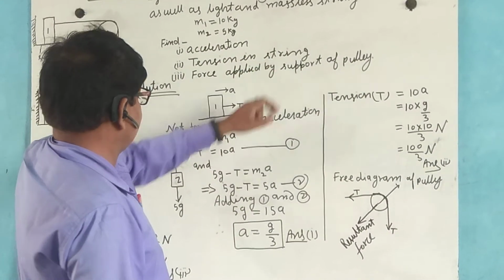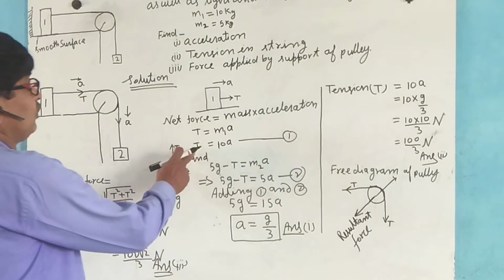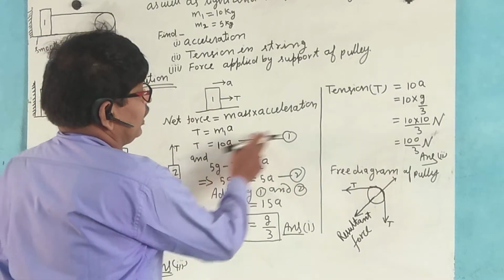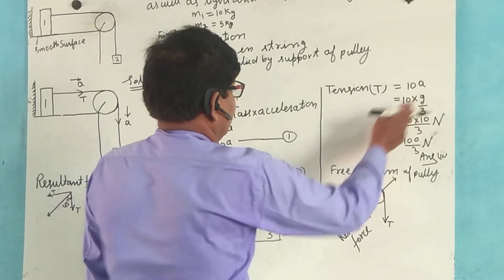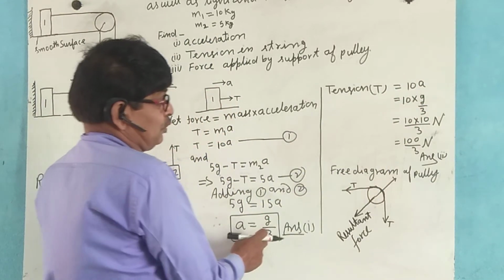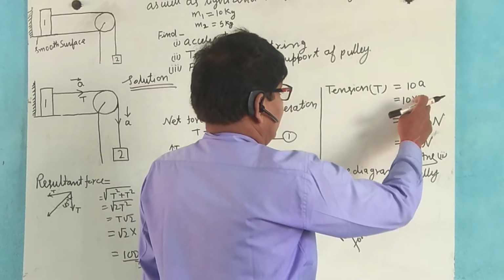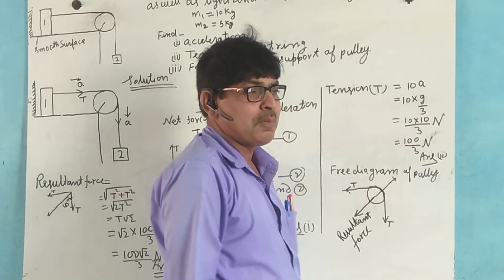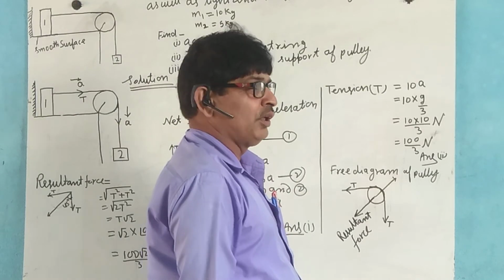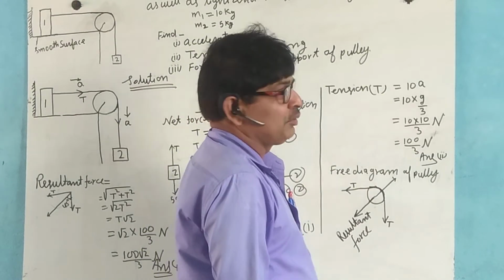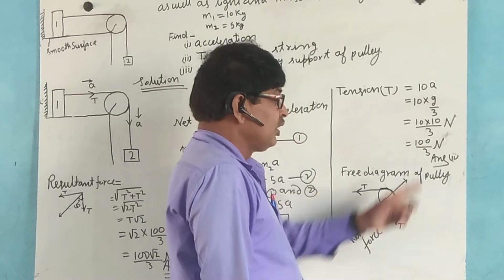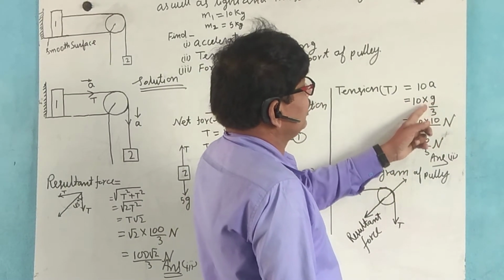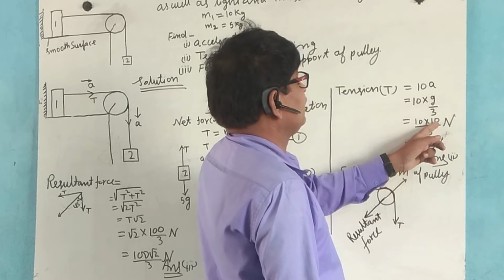Now the tension in the string, as we calculated, T is equal to 10a, and a is equal to g by 3, so putting g by 3. g is the acceleration due to gravity, its value is 9.8 meter per second square, but generally we use 10 meter per second square, so g equals 10 meter per second square.